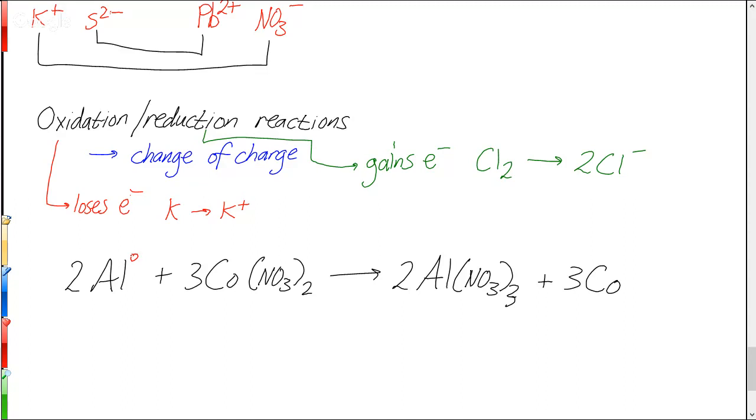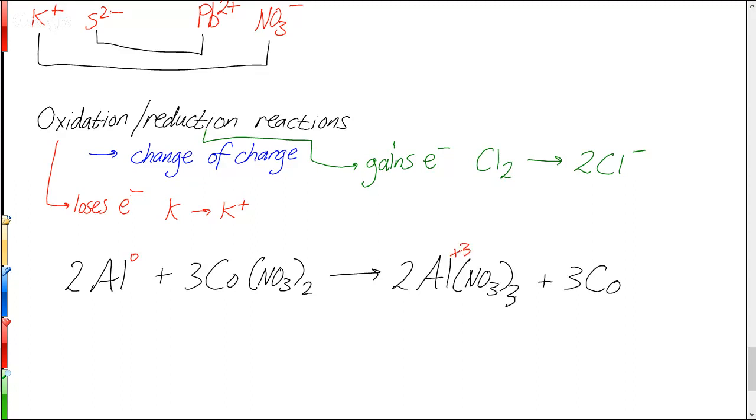Well, it's positive something. What is aluminum's charge always when it's in a compound? +3. It's always +3. So in this compound, it's also +3.